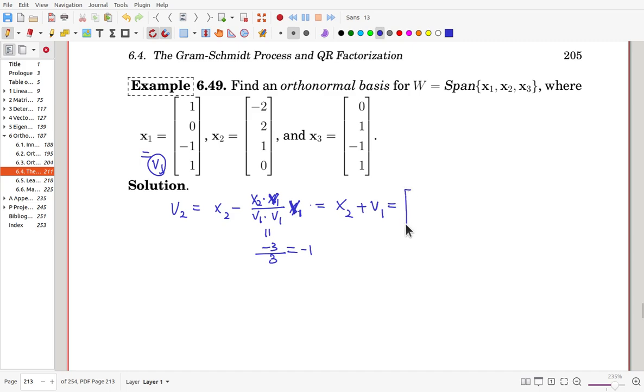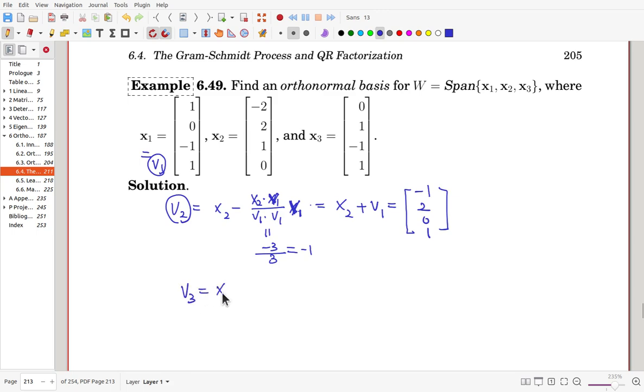That is, okay, we are adding 2, then minus 1, 2, 0, 1. Right? Okay. So we got v2 now.